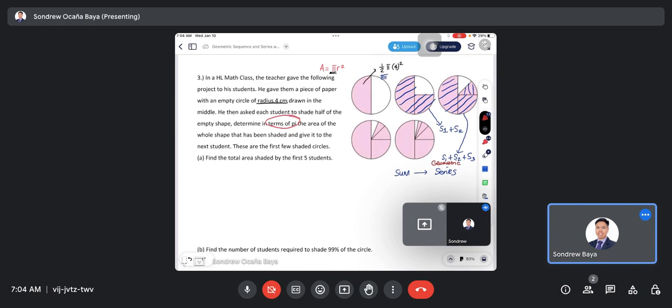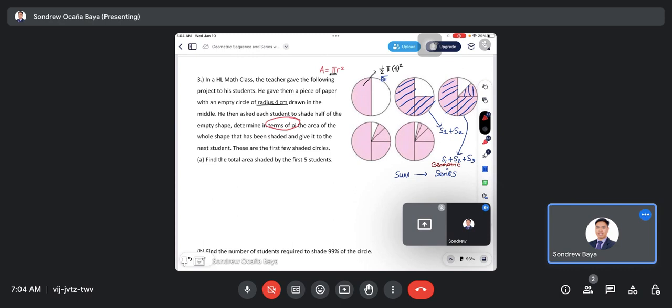All right. So if we continue the areas, let's try to have this one first. The total area shaded here is already more than half, which in this case is already like 75% or 3/4. So the total area shaded is already 3/4 of pi r squared, which gives us a total of 12 pi.